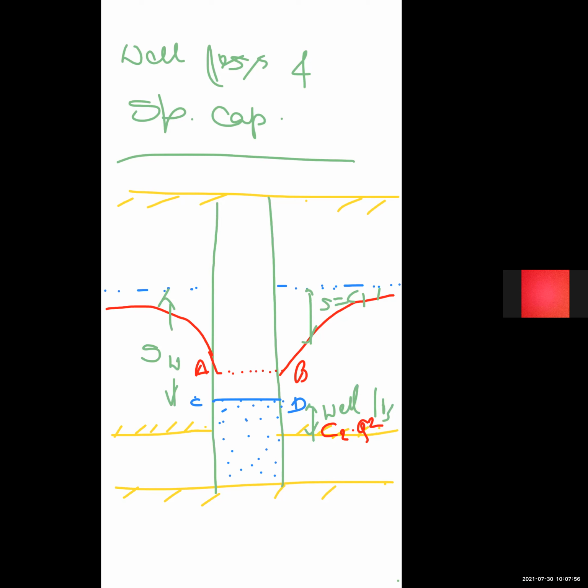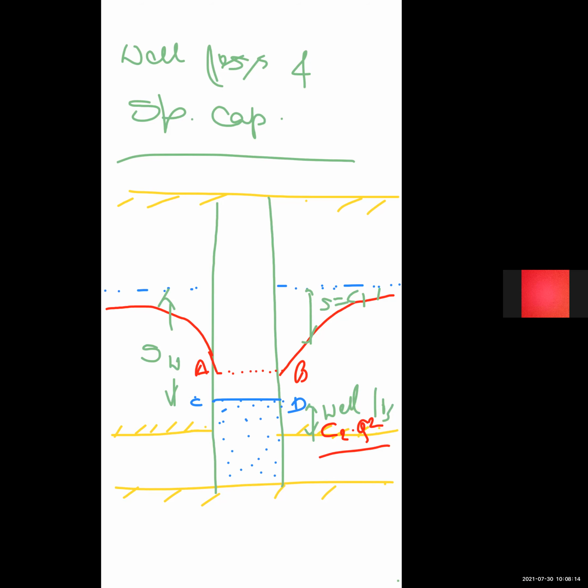The magnitude of this well loss may be taken equal to C2 Q square, as flow in the vicinity of the well face is turbulent. So the total drawdown can be obtained by adding the two drawdowns.